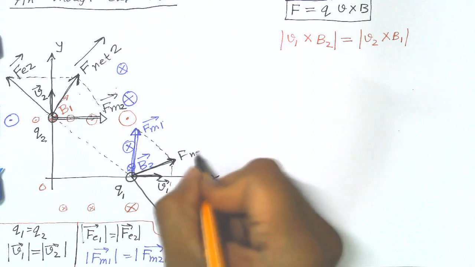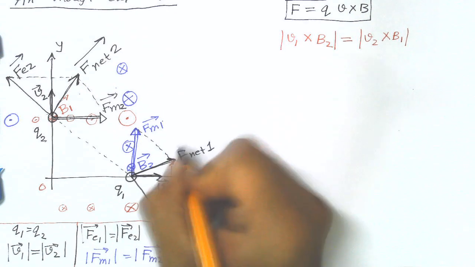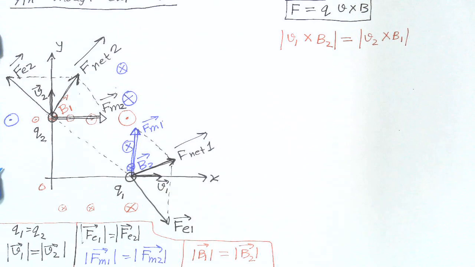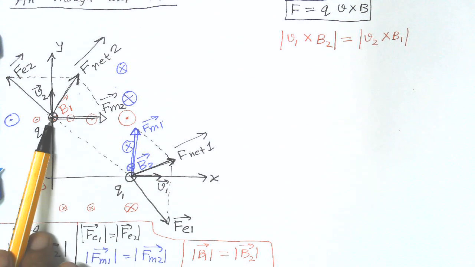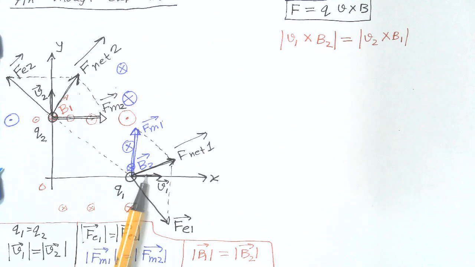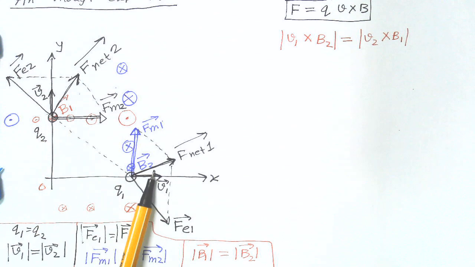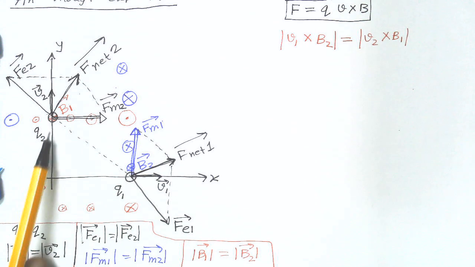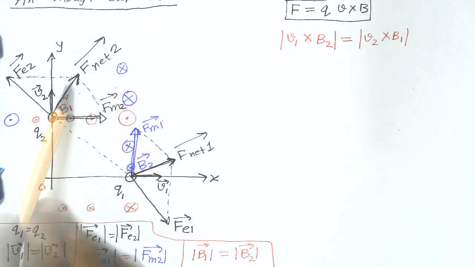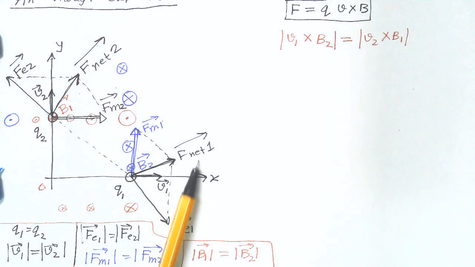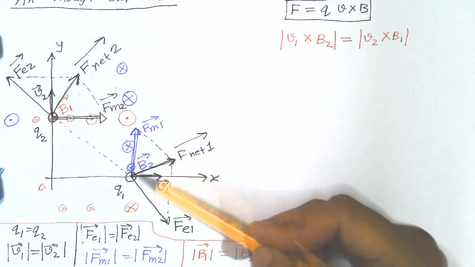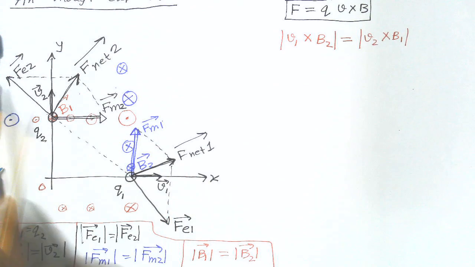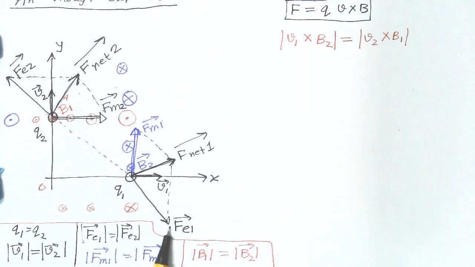F net 1. Something is definitely not very satisfying, because the forces on particle 2 and particle 1 are not in opposite direction. F net 2 and F net 1 will be equal in magnitude, because Fm1 and Fm2 are the same in magnitude, Fe2 and Fe1 the same in magnitude.